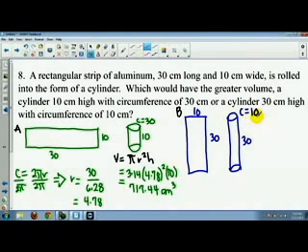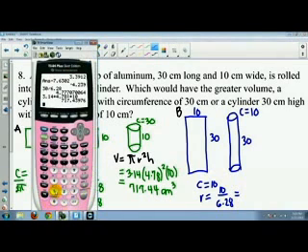Let us now find the volume of cylinder B. The circumference is 10, therefore the radius will be equal to 10 divided by 6.28, right? We're just following what we have done here in cylinder A. So that gives us 1.59.